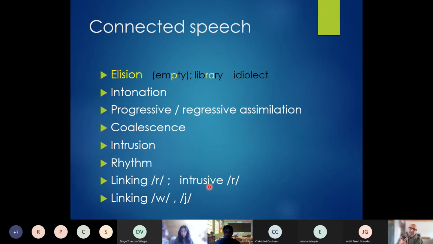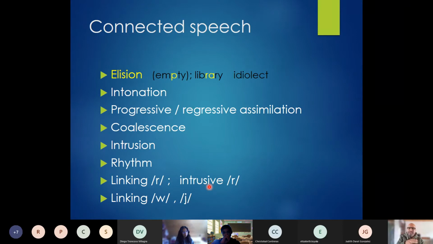And some elisions take place because they have a historical reason, because the language evolved from Old English, before the medieval times, and then Middle English in the medieval times, to modern English or early modern English.